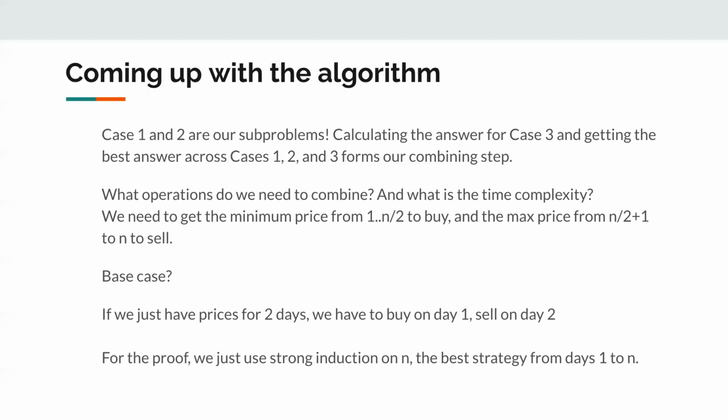So your inductive assumption is, let's say for all k less than n, we know the answer for any window of k days out of the n prices, and then we'll use that information to build out our answer to the n-level problem. And the base case for the induction is again just what we explained for the two days.